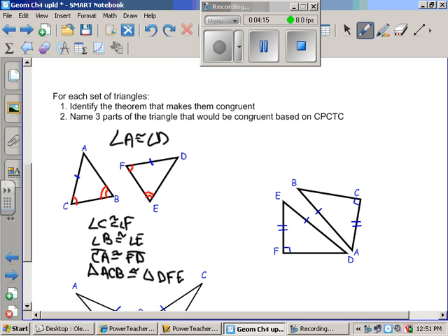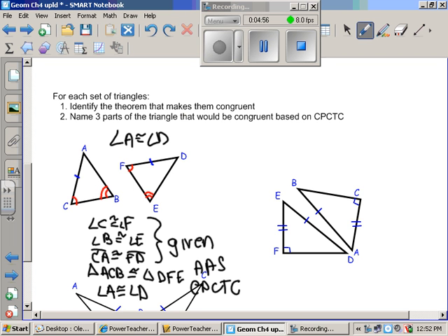C and F are corresponding, B and E are corresponding, side AC corresponds to DF, right? That's where I go to make sure they're corresponding. So once I have all this proven, then I'm allowed to say angle A is congruent to angle D by, oh, this was angle, angle, side, sorry, by CPCTC, because it's a corresponding part of congruent triangles, so it's congruent. Okay, CPCTC.